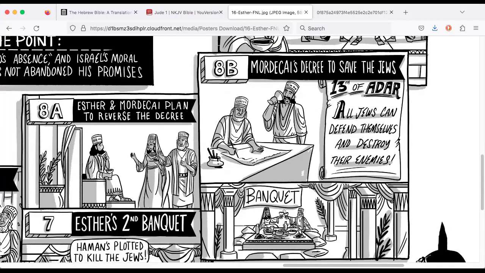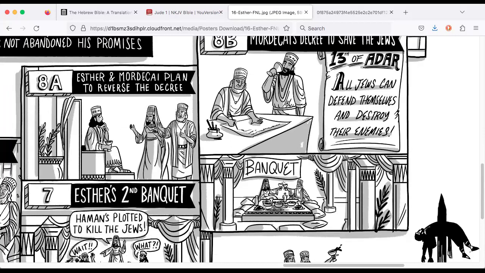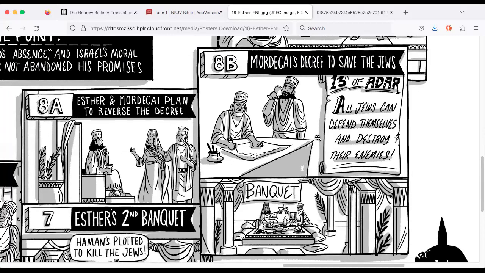So Mordecai actually has a decree to save the Jews now. The law that was passed originally was that everybody that wanted to attack the Jews, all of their enemies, could freely attack them on the day that they rolled the dice and set a date for it.